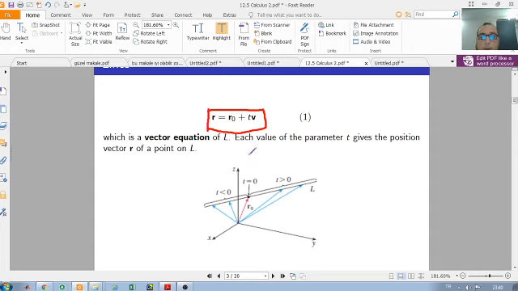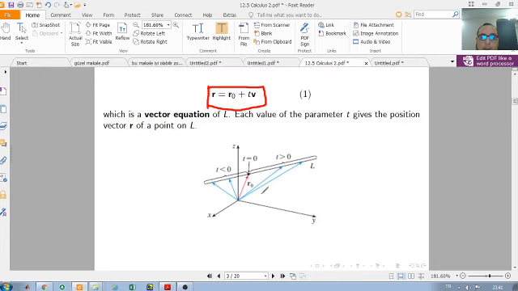Each value of the parameter t here gives the position vector of a point on L, which means by changing the value of the parameter t, you will obtain vectors which are the position vectors of the points on the line. Therefore, you find all the points on the line by considering the terminal points of the position vectors.